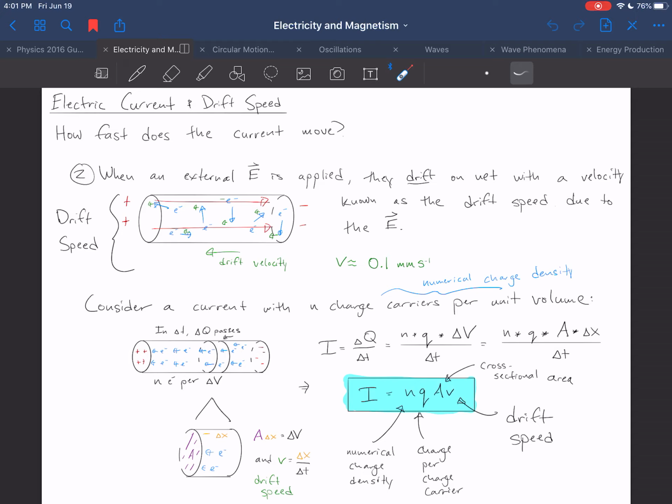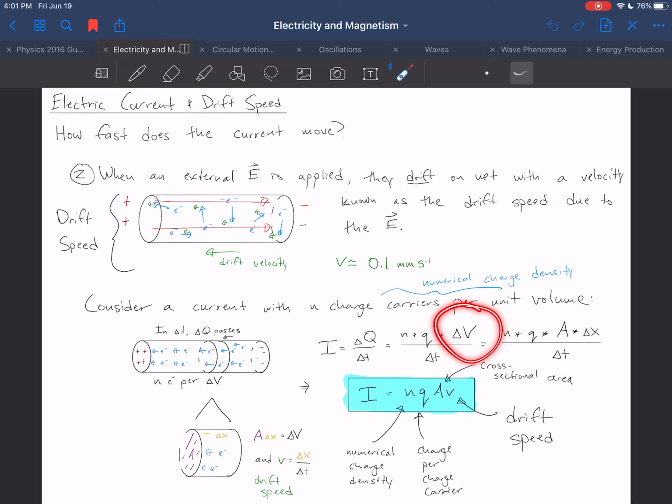They're all moving a little bit. Times whatever that volume is. So remember that if it's the number of charge carriers per unit volume, then n times delta V is equal to the number of charges, and then Q is the charge per individual charge carrier.